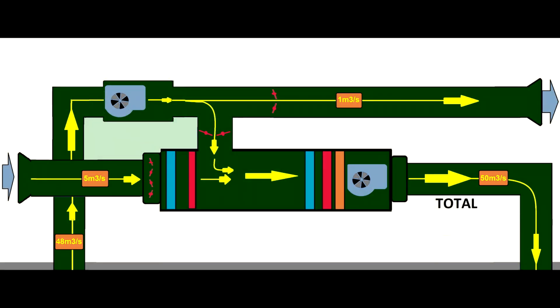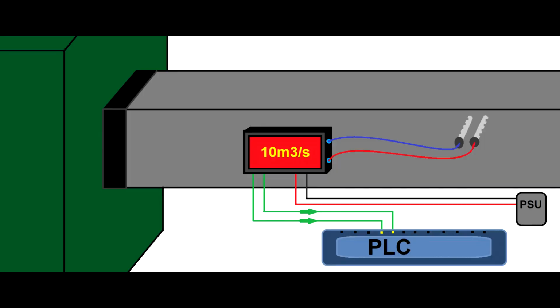So let's look closer. This is the AHU, and what you see in red represents all the areas that need to be monitored. The airflow in an air handling unit must be controlled, and for this we use automation.